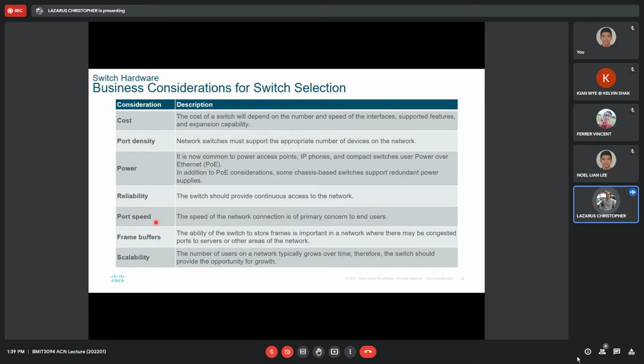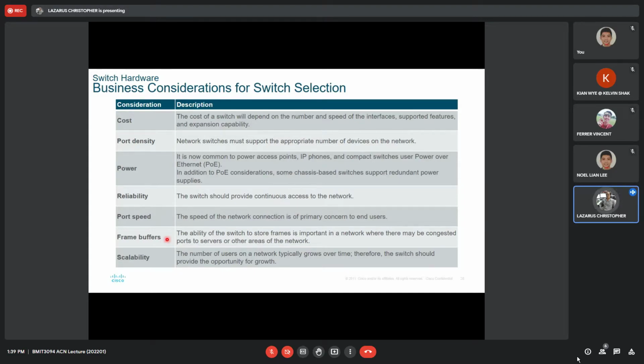So you need to consider it. Not all networks need that, but for a network with big data transfer requirements, you might need to buy a switch with higher port speed.